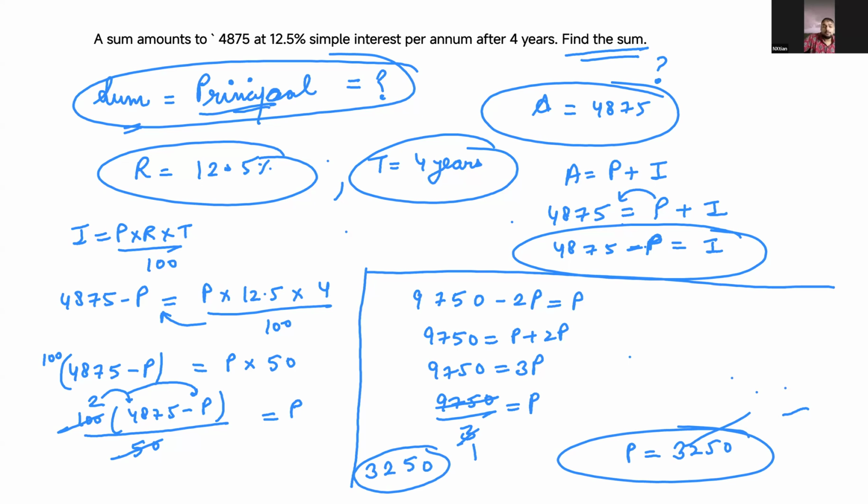Understood? Everyone? Ezekiel, did you understand? No? Okay. Quickly write down.